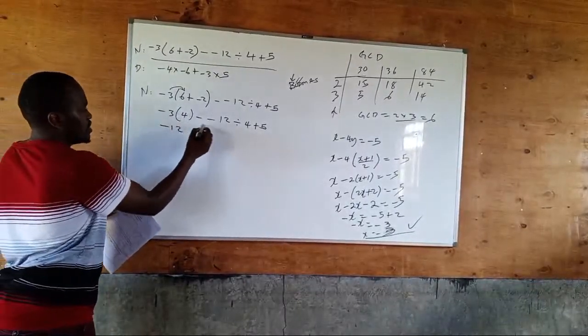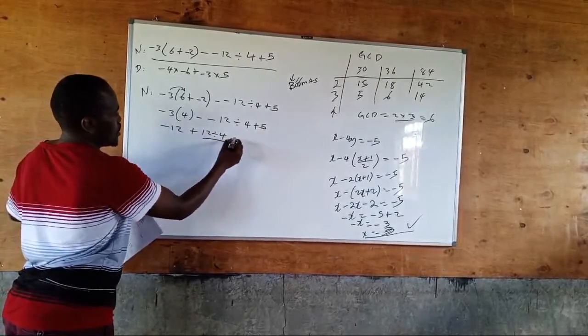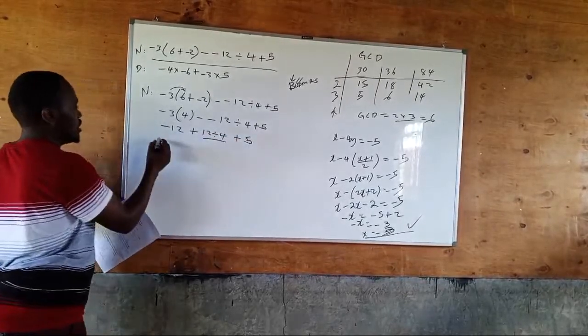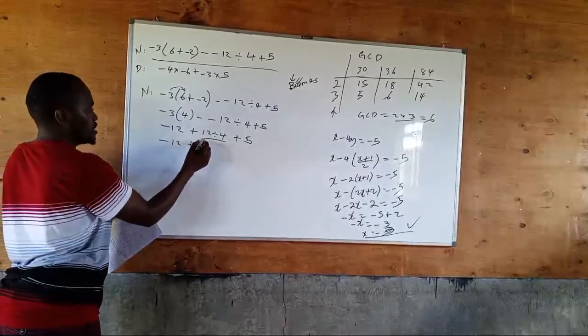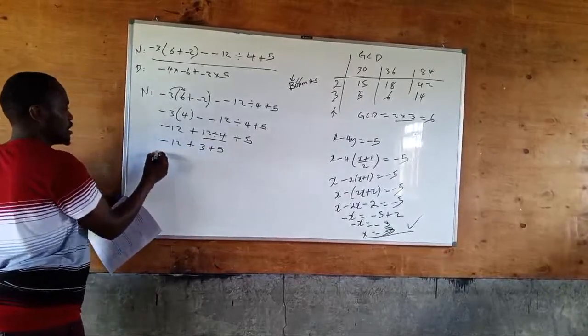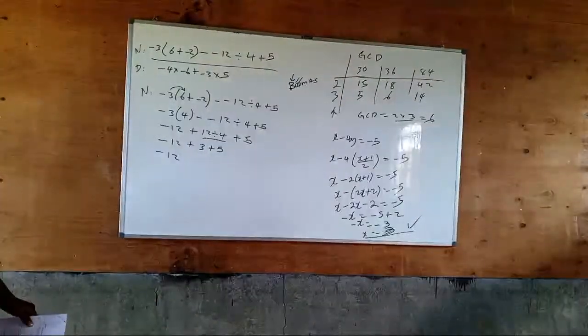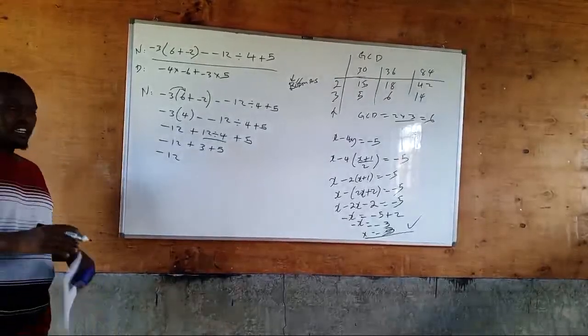Negative 12. This is plus 12 divided by 4 plus 5. Negative 12 plus 3 plus 5. So negative 12. And then from this point, I think there is one student online.